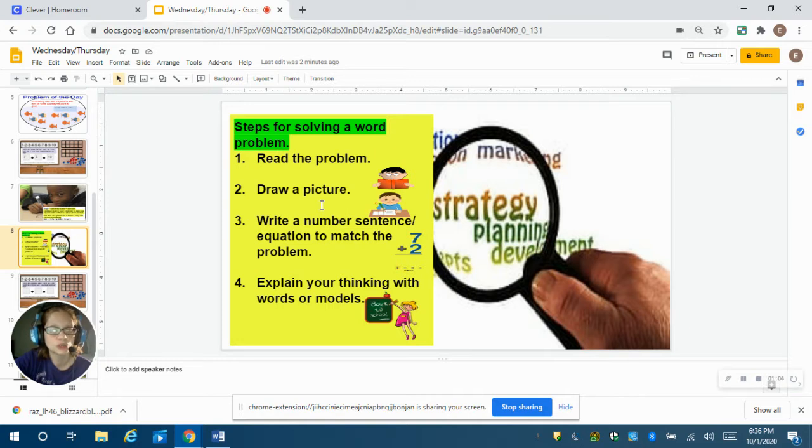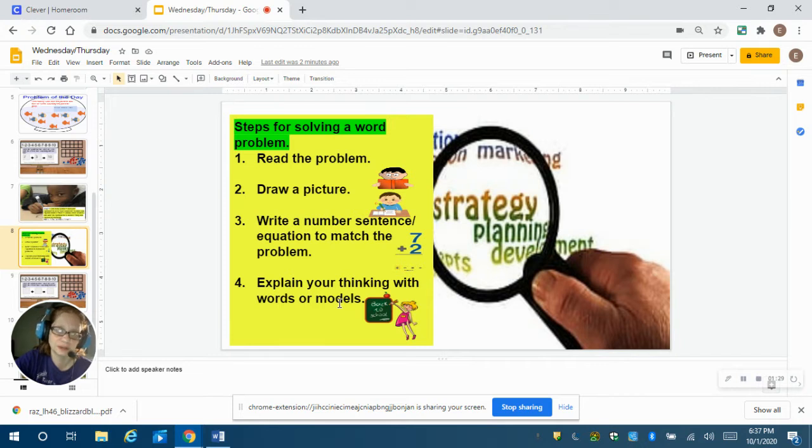You're trying to show the story in a picture so that you can better understand it. Then you try to write a number sentence or an equation to match the problem or the number story. Then, lastly, we explain our thinking with words or models.